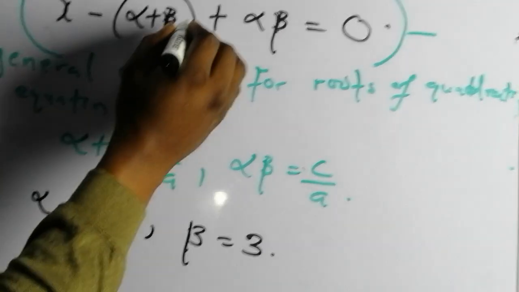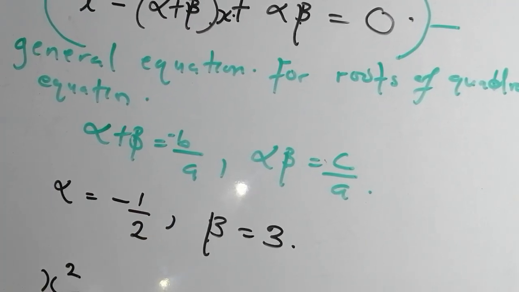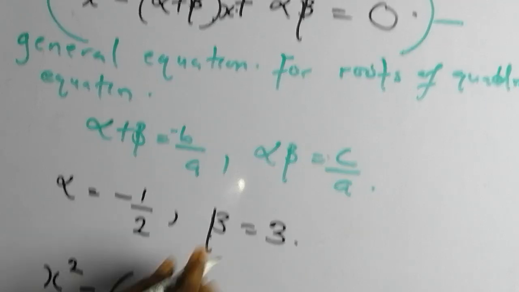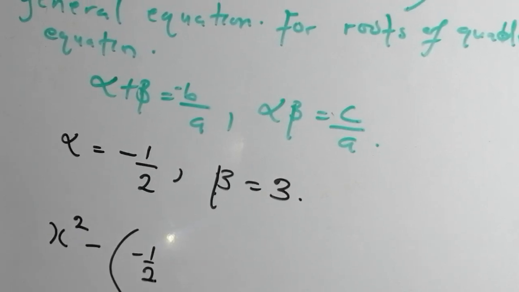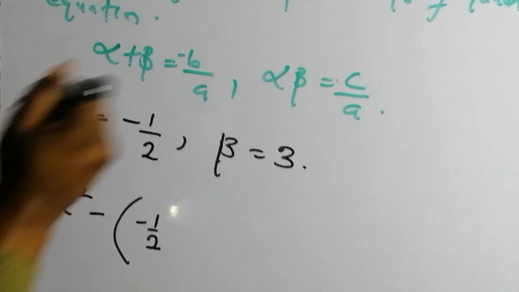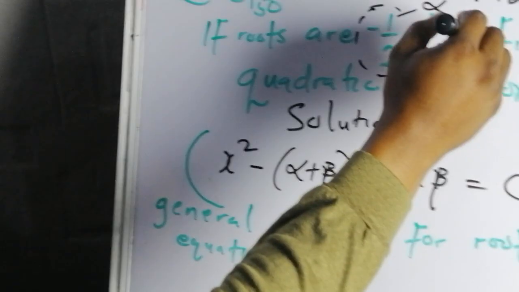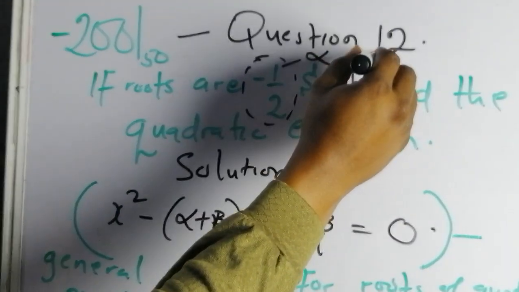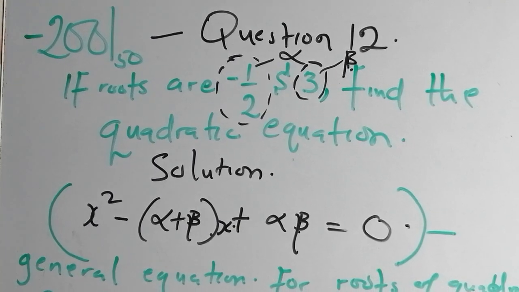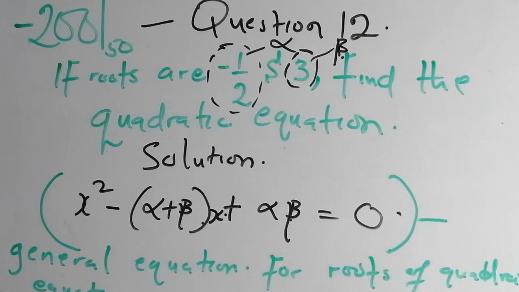What is alpha? Minus half. What is beta? 3. So that is alpha and beta, the roots of the equation if the roots are minus half and 3.